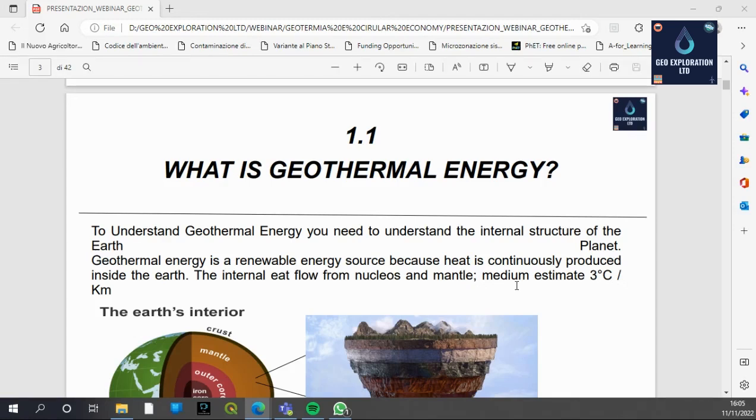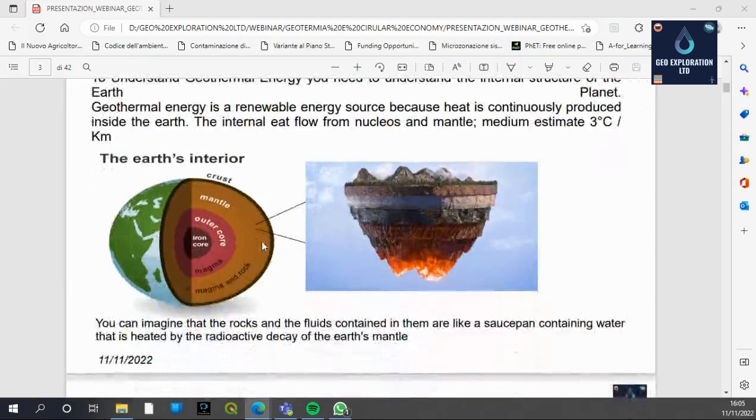Geothermal energy is a renewable energy source created by the continuous heat produced by the inside of the Earth. If you are familiar with the internal structure of the Earth, you can see that the Earth is like an onion with different layers.